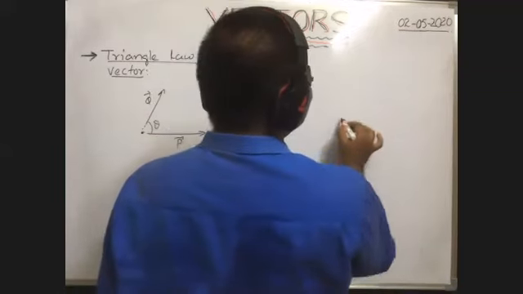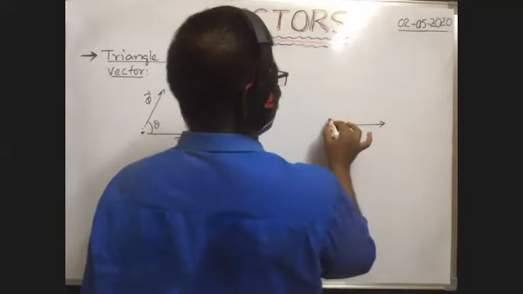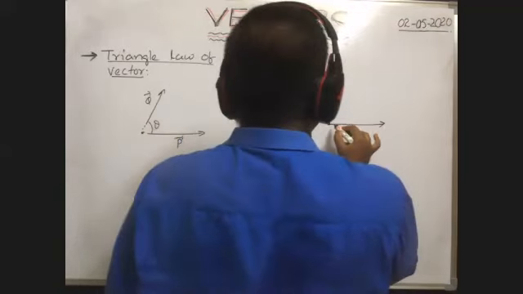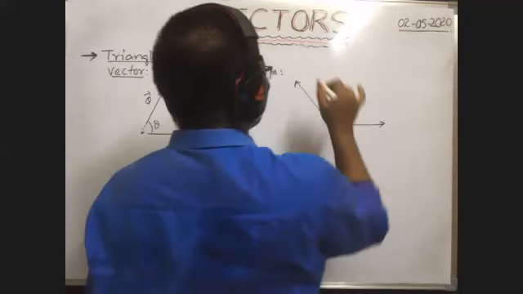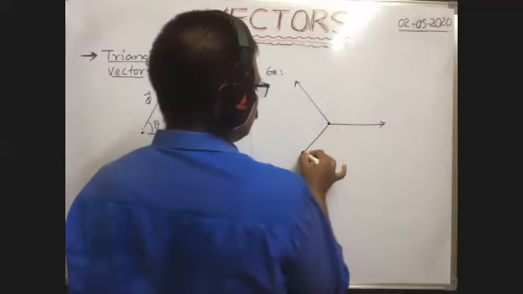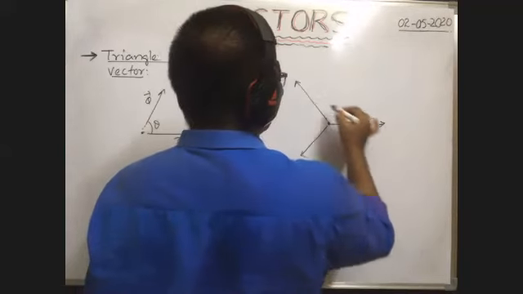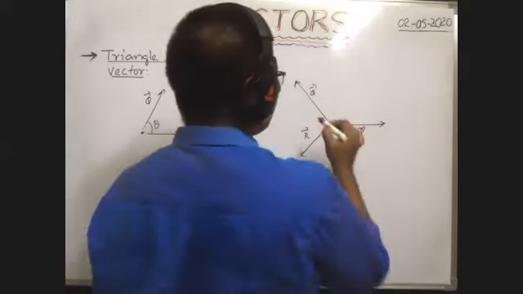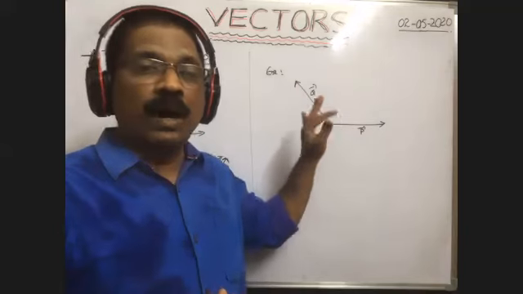Here on a particle, one force acts in this direction, another force acts in this direction, and the other force acts in this direction, like this. Here one of the forces is p bar, this is q bar, and this is say r bar. All these three forces act on a particle simultaneously in different directions, but all lie in the same plane.